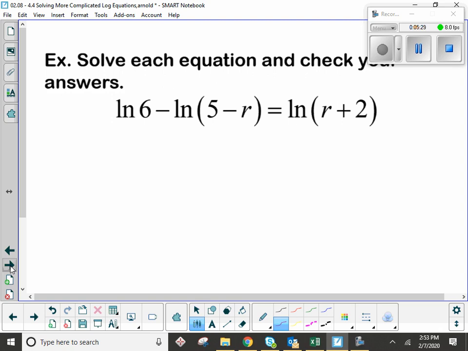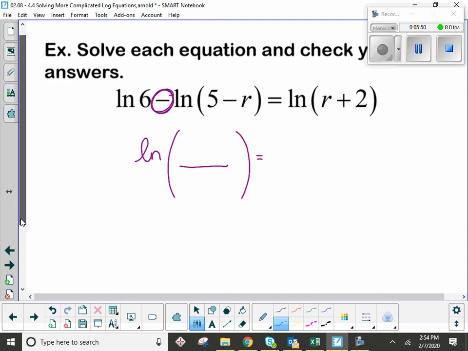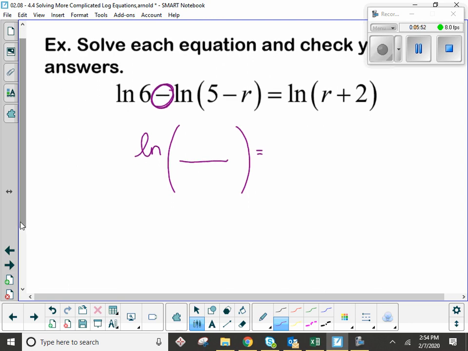We're going to condense it into one, like we were practicing in the Kahoot. This subtraction right here means when I condense into one log, am I going to be multiplying or dividing? Dividing. So I'm going to make a fraction. And which thing goes on top? The 6.